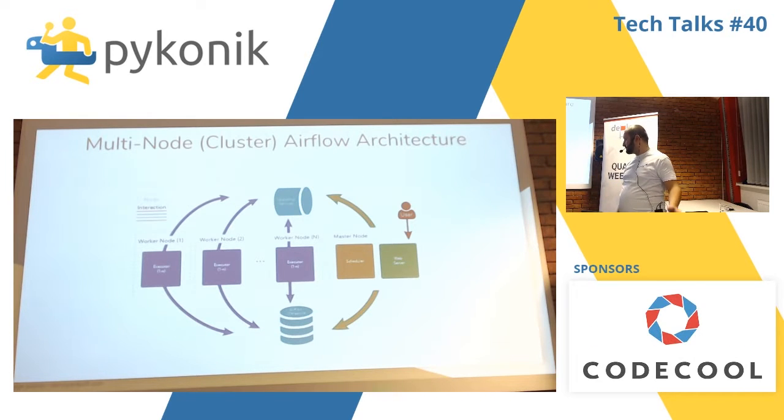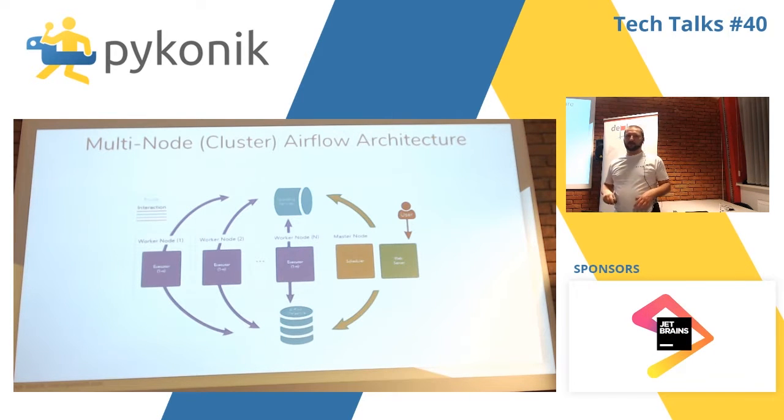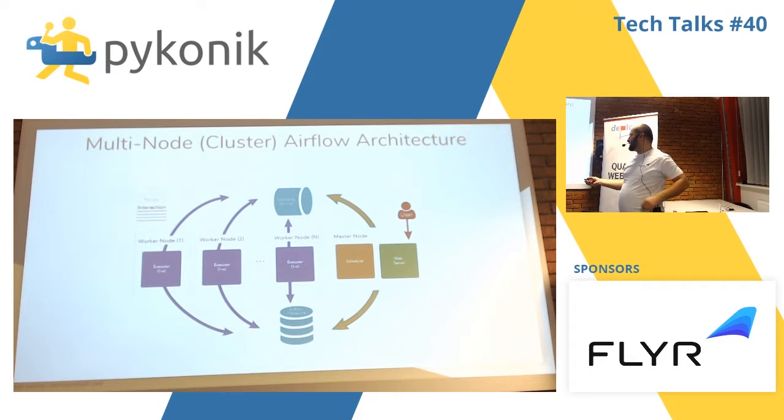There's a typical situation in a bigger company. You have a multi-node cluster Airflow architecture. Moreover, you can create a multi-cluster environment. And as you see, you create a node with workers. And if you would like to scale it horizontally, you create more nodes with the workers.